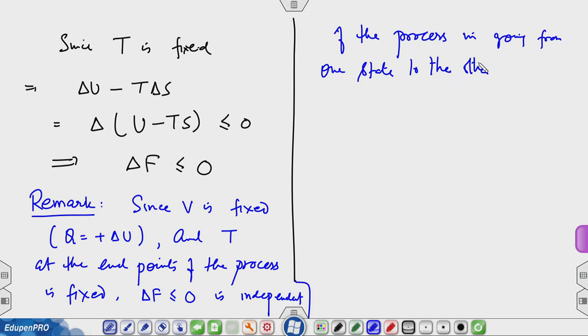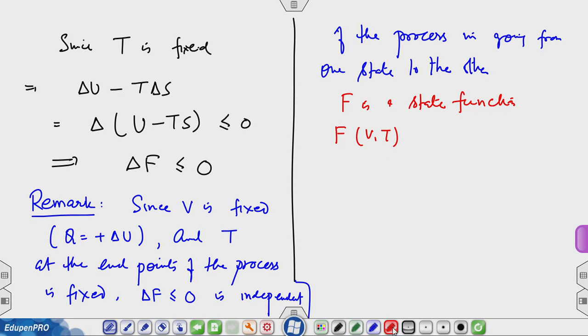What it means is that since F is a state function and it is being evaluated at V and T at the end of two processes, delta F will tend to a lower value.